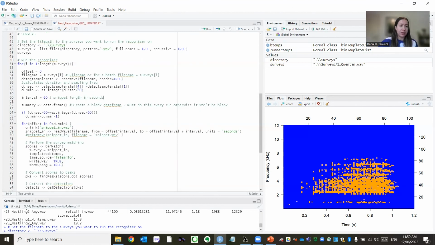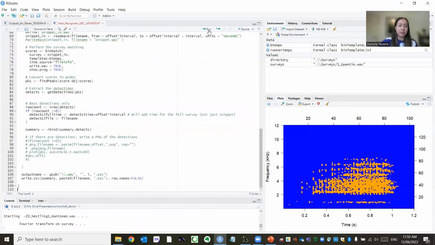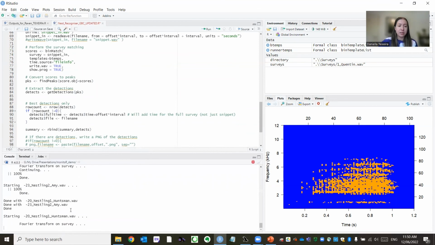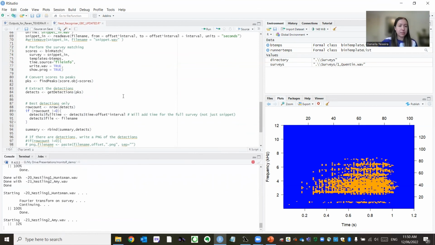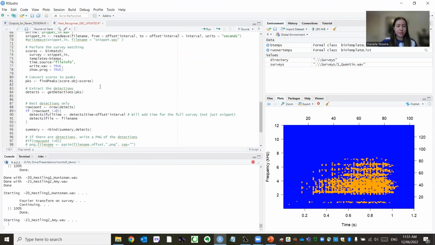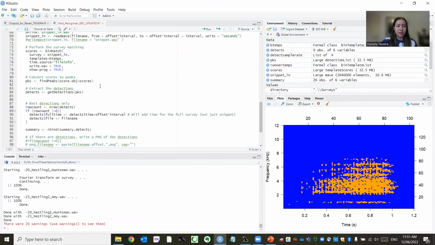Okay, so I will just run this, and it shouldn't take very long for a 5-minute file. So you can see down here, it's sort of going through it. Great, so that's done.